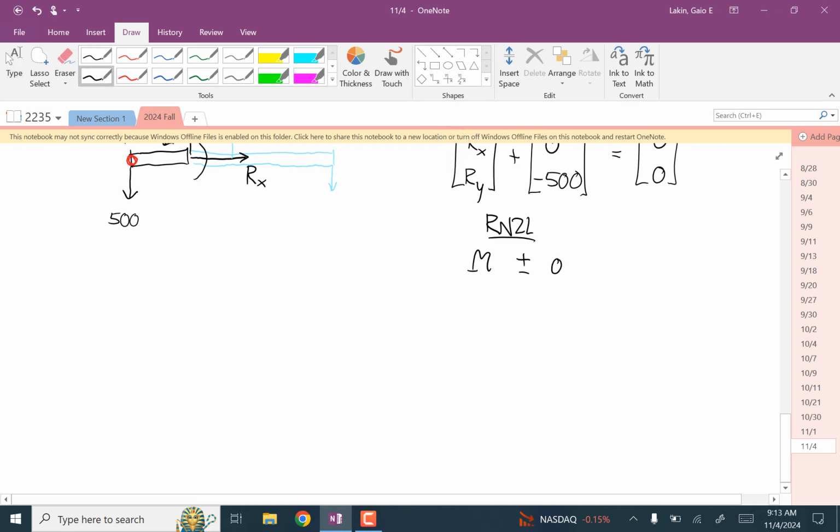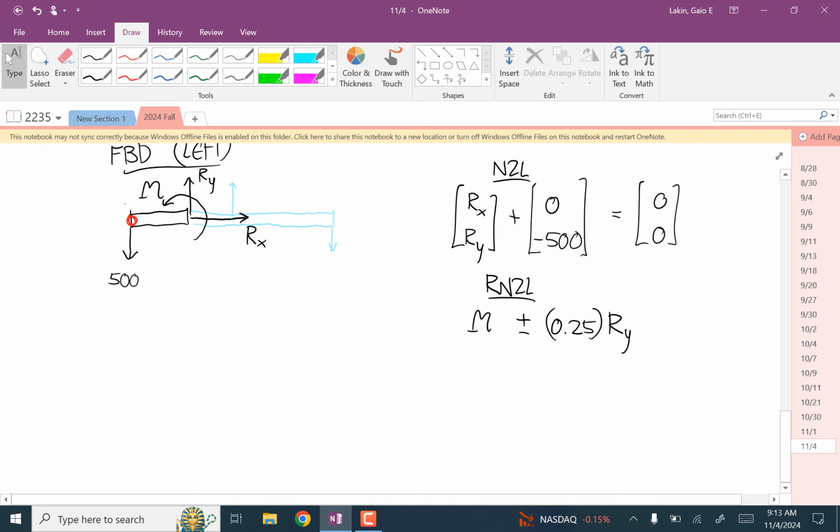So the moment arm is 0.25. The force is Ry. And is that a clockwise or counterclockwise rotation? Does that cause a clockwise or counterclockwise rotation around that about point? Counterclockwise. Counterclockwise, so this is positive. That's all the things that produce moments, so this is 0.